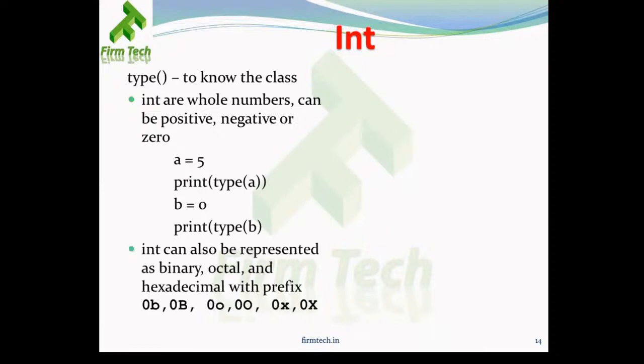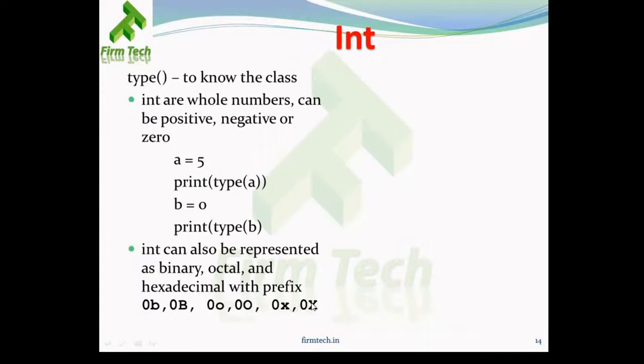An integer can also be expressed in binary, octal, and hexadecimal forms. To represent them in binary, octal, or hexadecimal forms, we should use prefixes. The 0b, either uppercase or lowercase b, denotes a binary value. And 0o, either lowercase o or uppercase O, denotes an octal value.